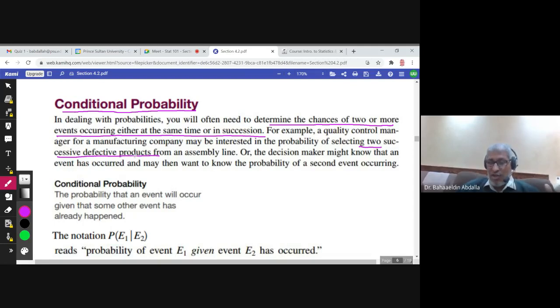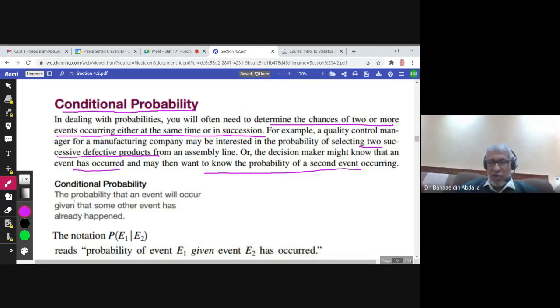Here you have a condition on the second selection, and that's why we call it conditional probability. Or the decision maker might know that an event has occurred, and may then want to know the probability of a second event occurring, given that the first one has occurred. Here also we have conditional probability.